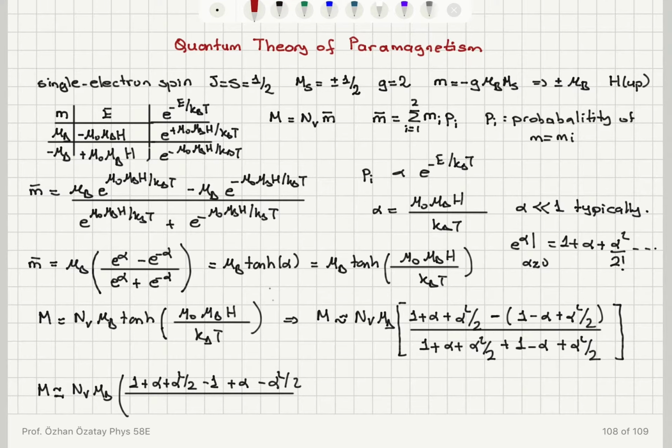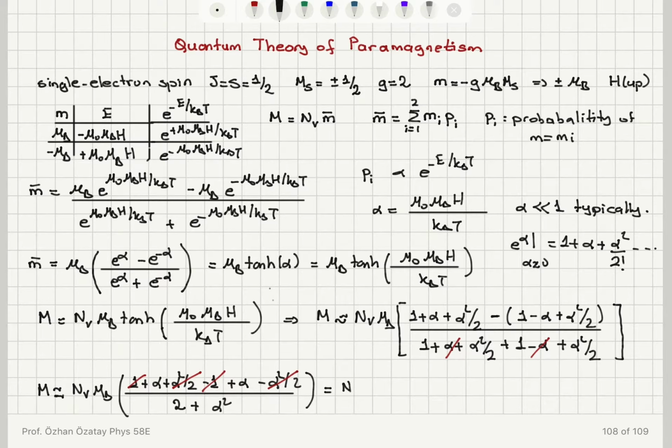the plus alpha and minus alpha cancelling, and I would obtain 2 plus alpha squared. Okay, and now on top I have plus alpha squared over 2 and minus alpha squared over 2 cancelling, and plus and minus 1 cancelling, so I obtain 2 alpha.